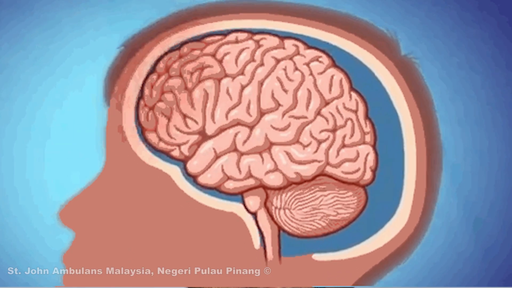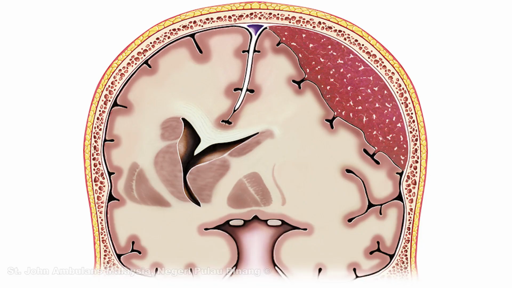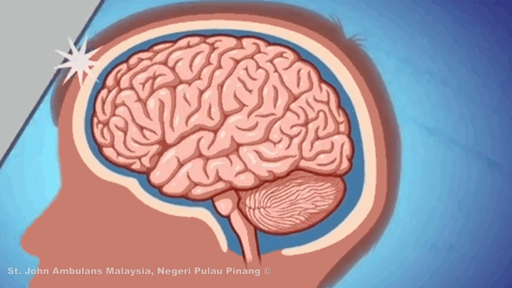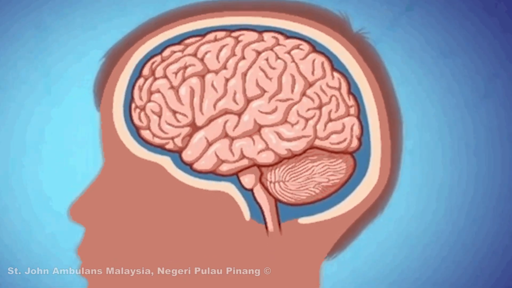For example, in the case of concussion and compression. Concussion occurs when a significant force over the skull area causes the underlying brain to shake.